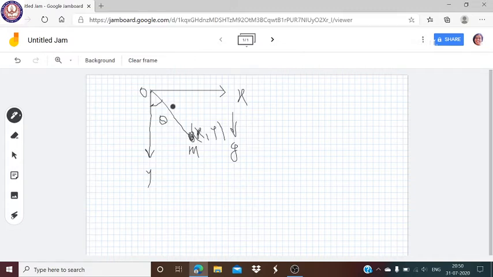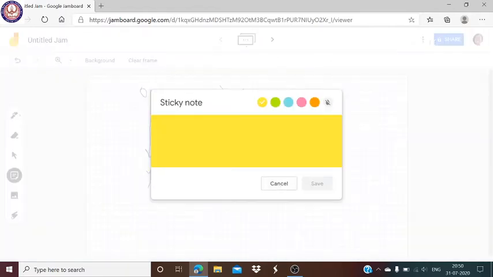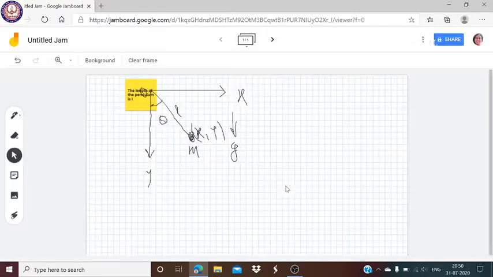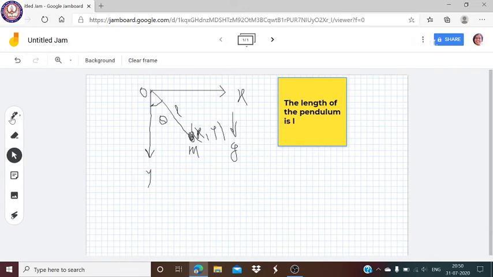Now here we have a constant. What is the constant? The constant is the length of the pendulum, which is L. So this is my constant. What do we mean by the length of the pendulum?